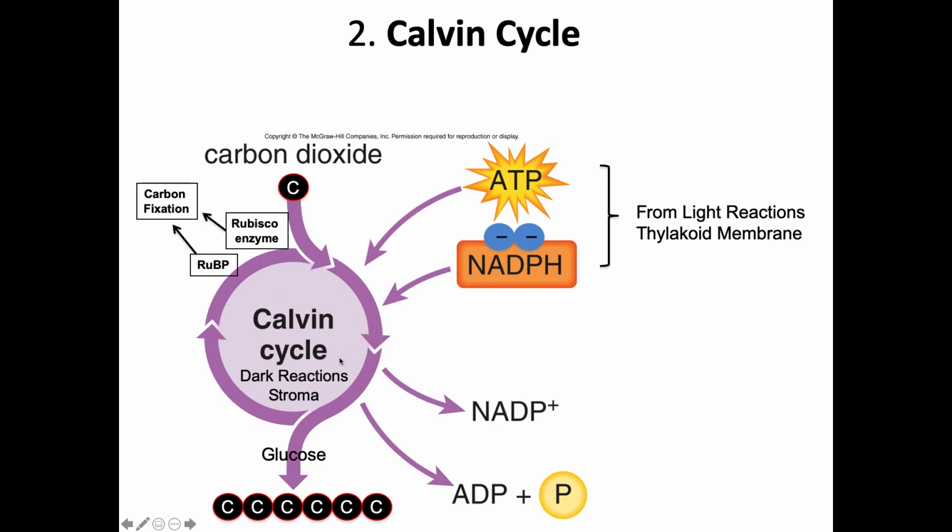And then ultimately, you can use this glucose to make starch, cellulose, and other organic molecules. So this is generally what happens in the Calvin cycle, but feel free to use your book to learn more in depth about it.